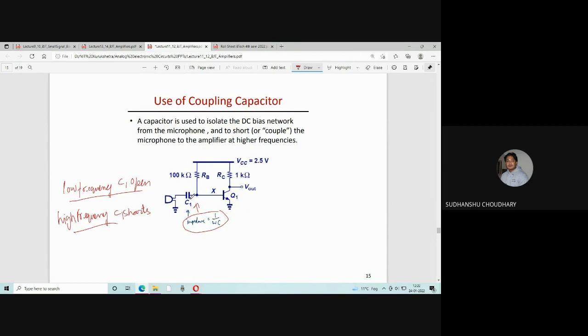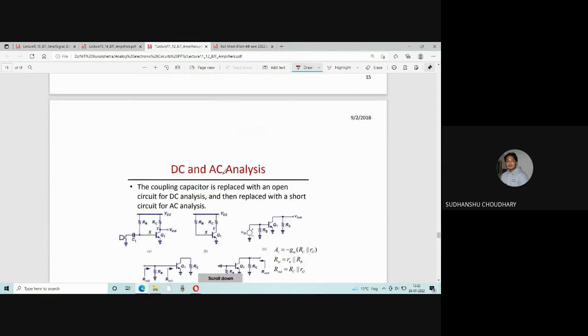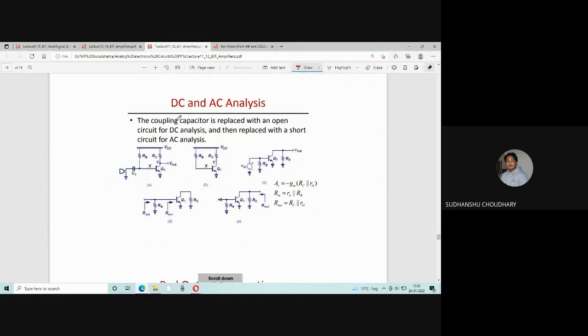So the job of this capacitor is to couple this microphone to this amplifier at high frequencies only. Now one can do the DC and AC analysis on this circuit.